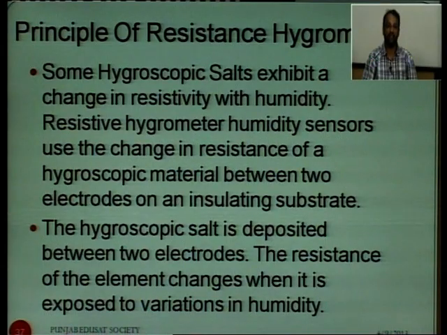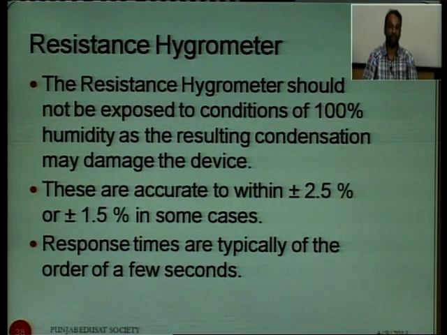So, there is a change in the value of resistance between two electrodes, and that change of resistance is due to the humidity, and the material used is hygroscopic salt. The hygroscopic salt is deposited between two electrodes. The resistance of the element changes when it is exposed to variation in humidity.